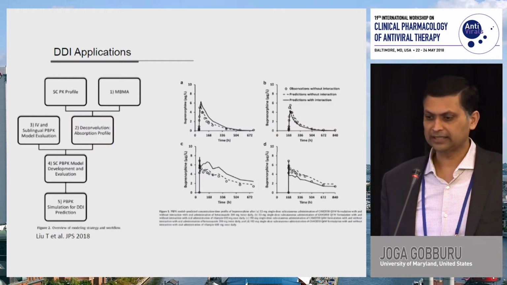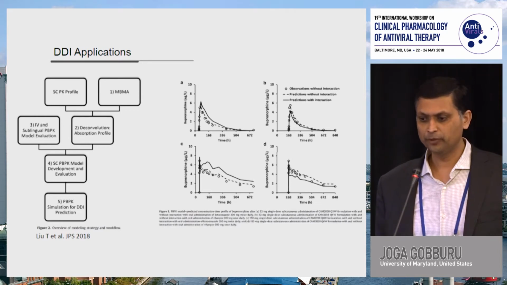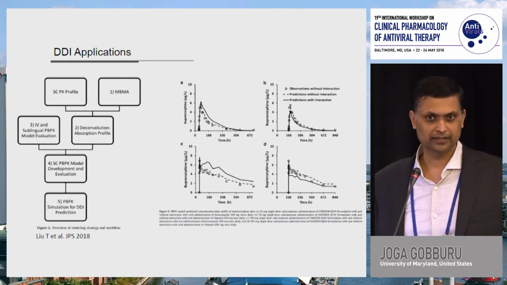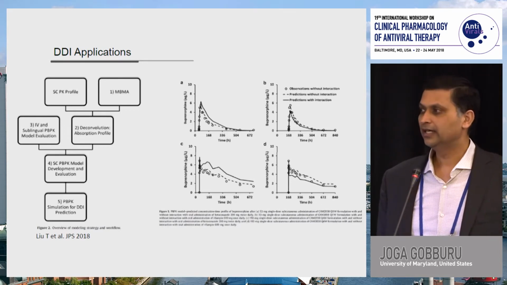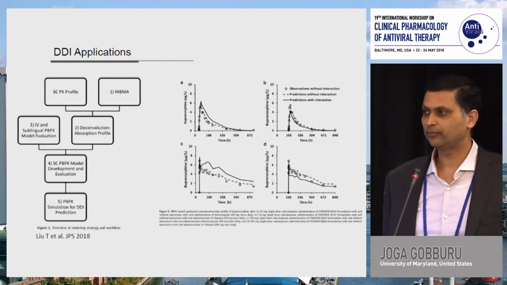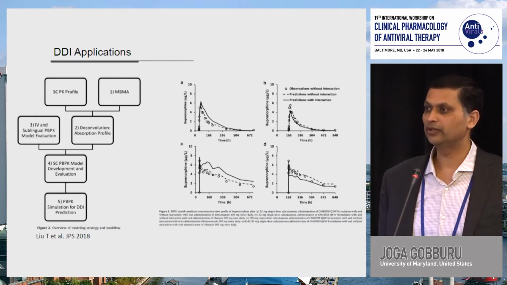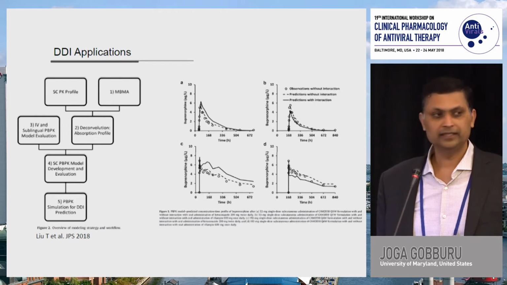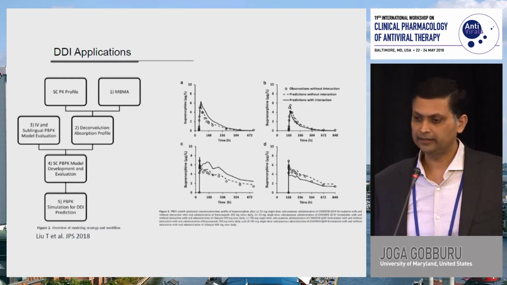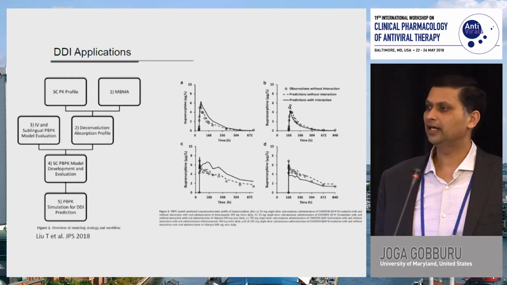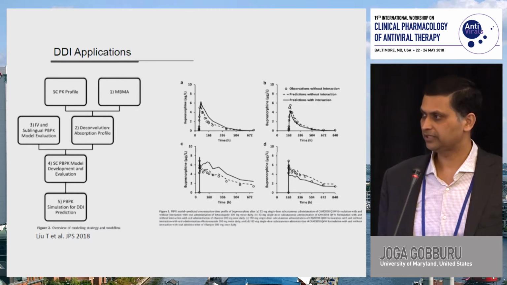Then let me show you an example. This is work that we have done. Buprenorphine. How many of you are familiar with that? Yeah? Good. So buprenorphine is approved predominantly to deal with opioid dependence. And there are sublingual, IV, and oral formulations available.